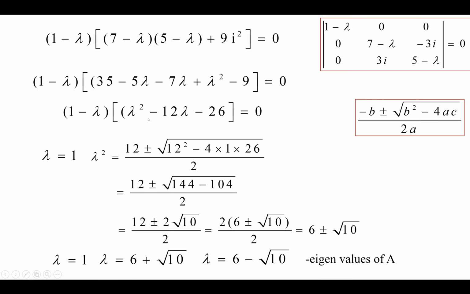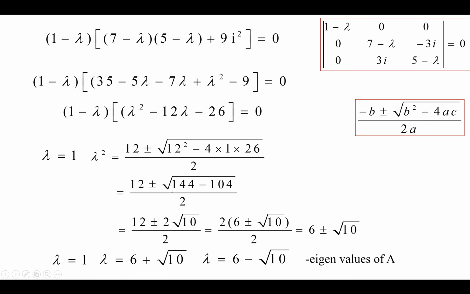We are going to solve the quadratic equation using the formula minus b plus or minus root of b squared minus 4ac by 2a. Of course, from the first factor we get lambda equals 1, and from the quadratic we use the formula. Lambda is 12 plus or minus root of b squared minus 4 multiplied by 1 multiplied by 26, divided by 2.